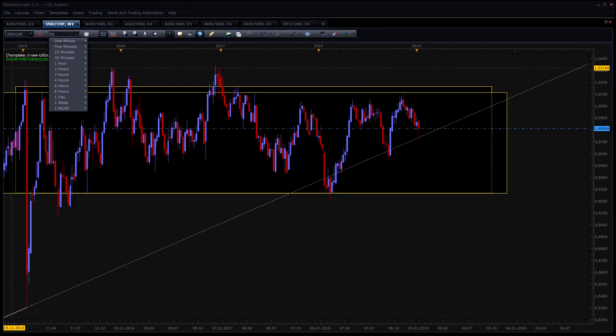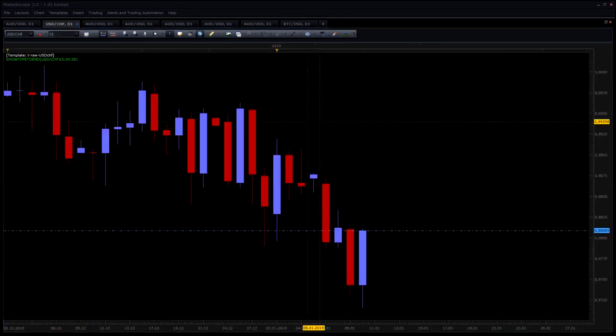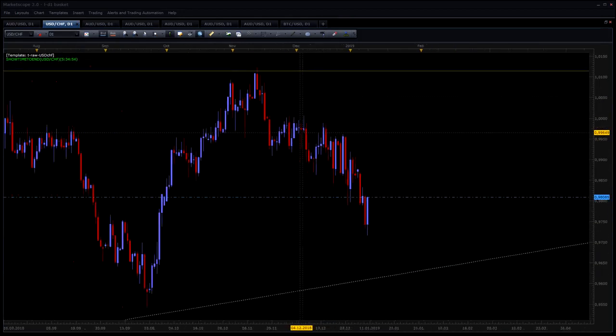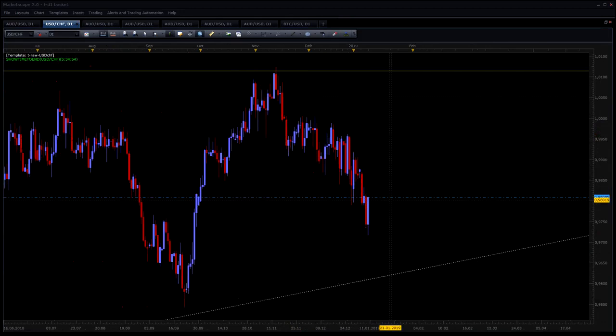Weekly, that's it. So how does daily look? All right, so we have a buy signal. It's also happening at a support level, this is a future support level.